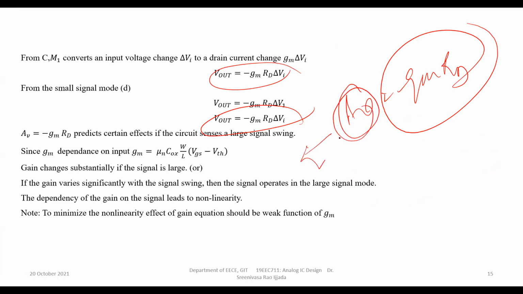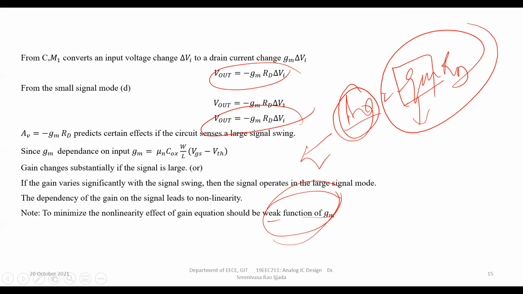To make it constant, whatever GM you have, you must keep it less dependent on the input, so there is a weak function of GM. Your AV should be a weak function of GM. If the dependency of AV on GM is very small, then you will get linear gain.